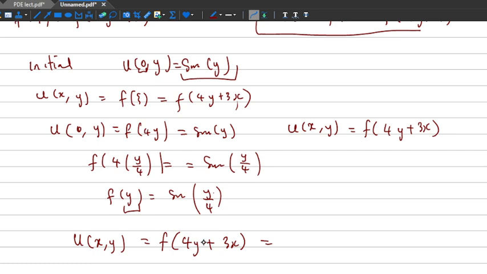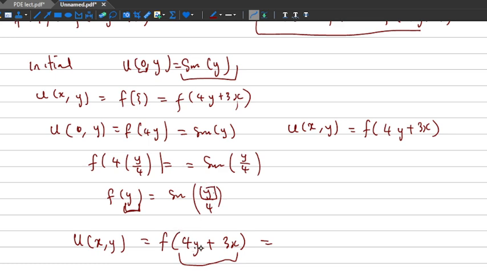Where there is y, we can replace this. Okay. That the whole of that becomes y. So f of y here. So if we replace where there is y here, we replace also where there is y here.